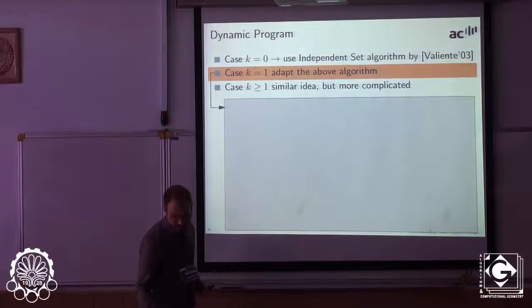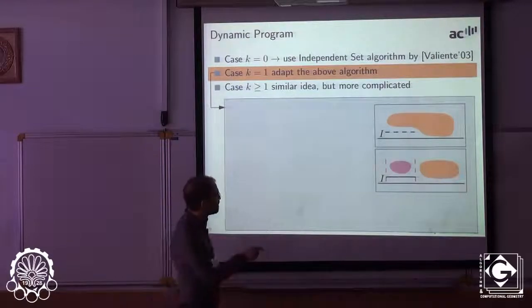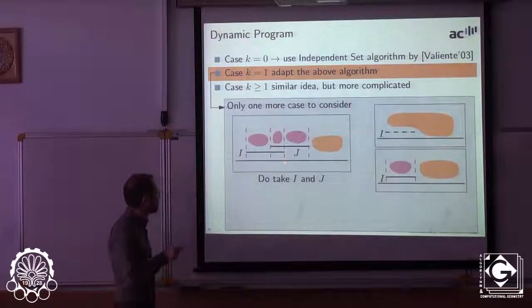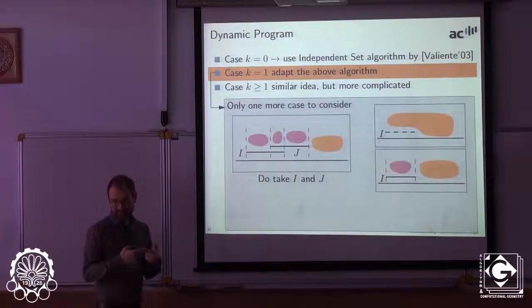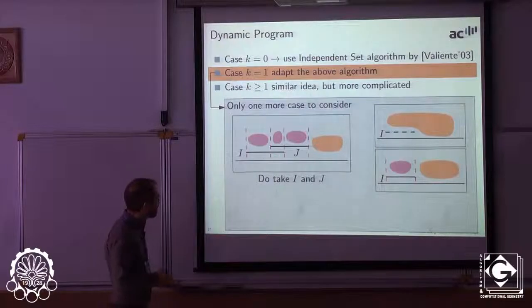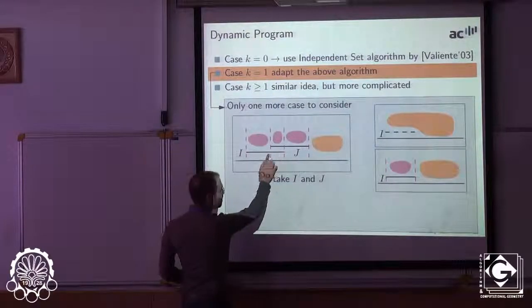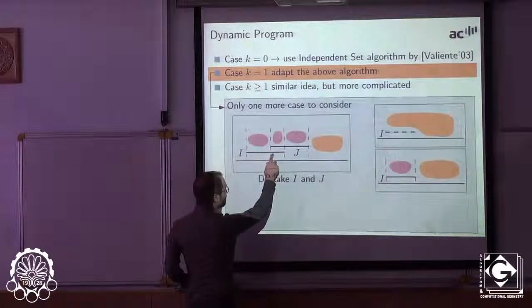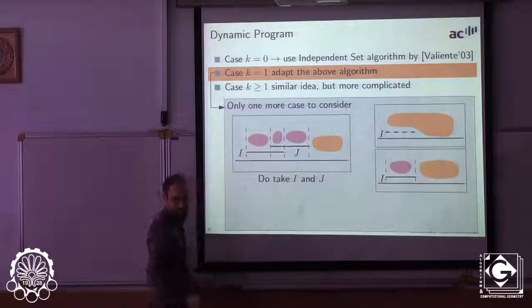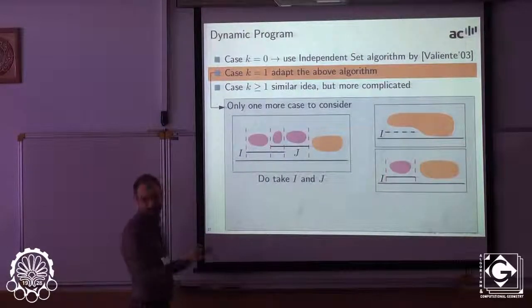If you go to k is 1, there's a little bit more cases, but we can still use a somewhat similar idea. So this is what we've seen before. We can take an interval not at all. We can take a single interval and recurse. Or we can look at a pair of intervals that intersect mutually. So this would be the degree 1 that we do allow. But once we have that, it's clear that no other interval can cross that line or that line, because then one of those edges would have degree 2.